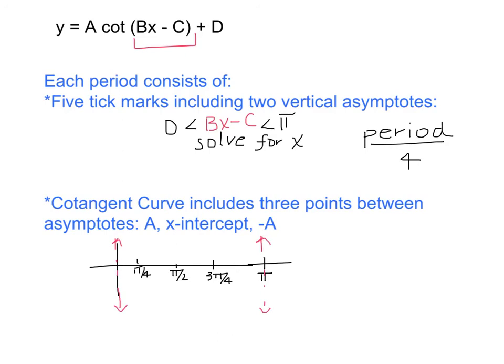Then when you graph, this time you're going to start at positive A, your 0, and then negative A. So the graph of cotangent, if you notice, is the negative graph for tangent. And the negative graph for cotangent, of course, is going to be the graph for tangent. So if A is negative, it's going to go this way.